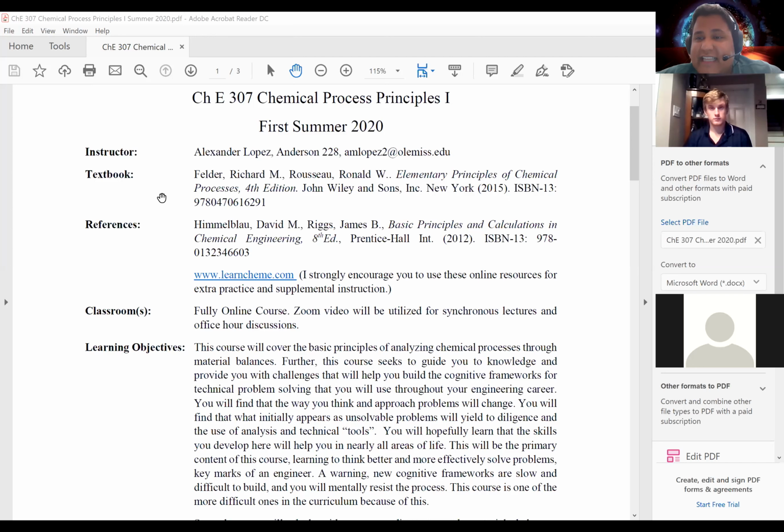A couple of references that could help you, in addition to the Felder and Rousseau text, are Himmelblau and Riggs, Basic Principles and Calculations in Chemical Engineering. It essentially covers the same material, just in a different manner, which helps. I find some students have certain learning styles that link up with some textbooks versus others, so I always like to provide alternates, in case you're having trouble digesting content from one source. I also strongly encourage you to utilize the learnchemie.com resource.